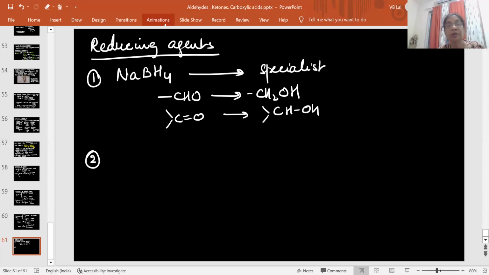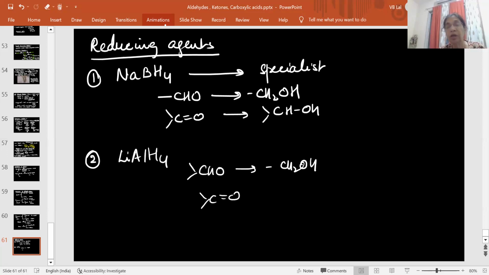The second is lithium aluminium hydride. This can do all this. CHO, it can convert to CH2OH, primary alcohol. Ketone, it can convert to secondary alcohol, right? But in addition to that, it can do a lot of reduction.